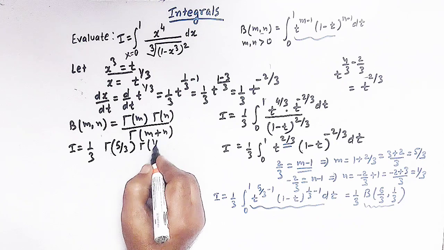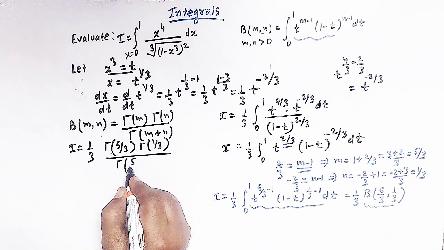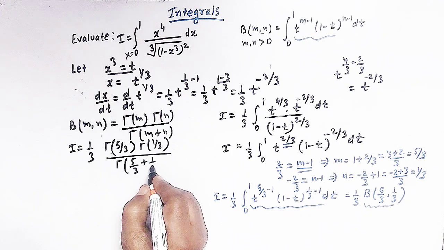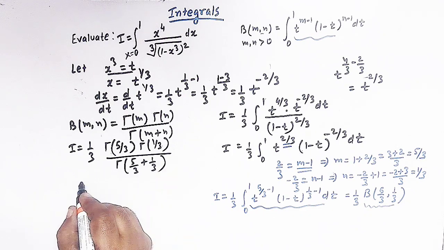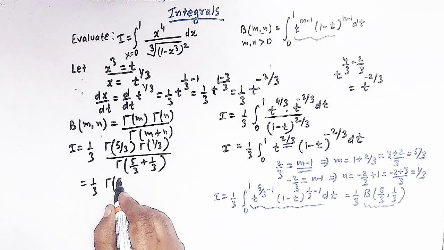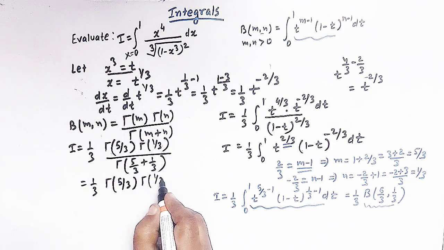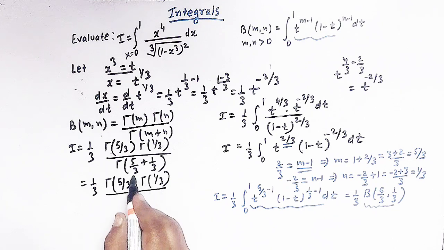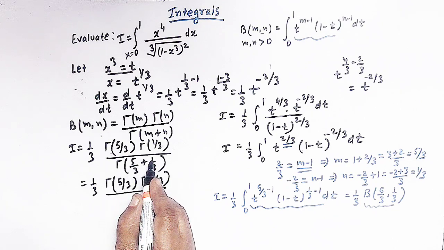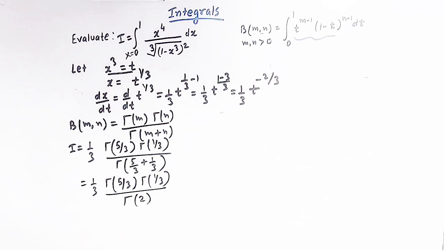Then we have gamma 1 over 3, and here we have gamma 5 over 3 plus 1 over 3, right? So this is 1 over 3 and gamma 5 over 3, and then we have gamma 1 over 3, and here 5 plus 1 is 6, 6 over 3 is 2, so we have gamma 2.